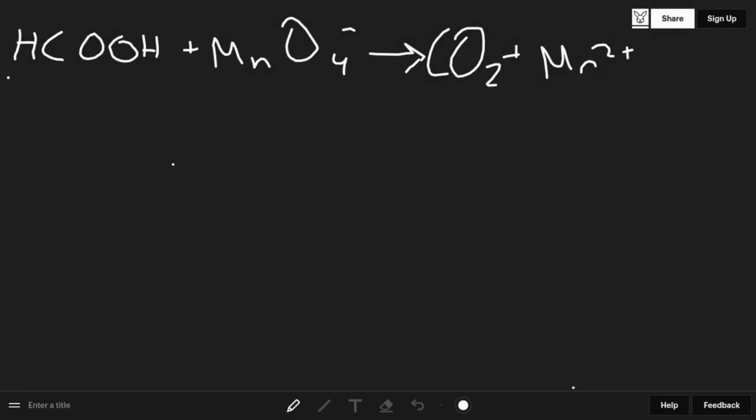So here's an example. We have formic acid along with permanganate as our reactant, and that yields, and so our products are carbon dioxide and a manganese.